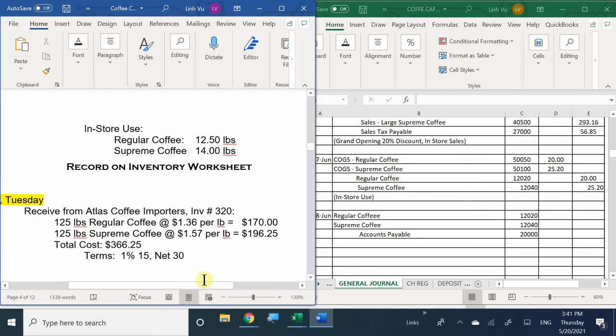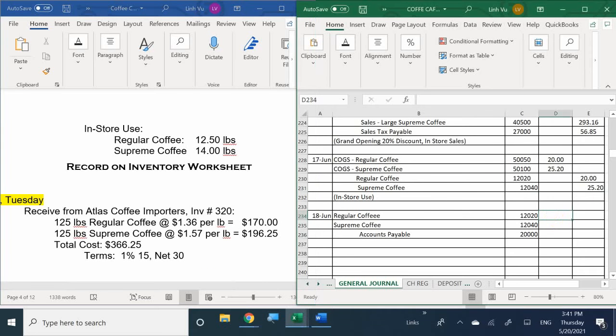So how much coffee? 170 for the regular coffee and 196.25 for the supreme coffee, which will give you a total of 366.25 in your right column. Good?